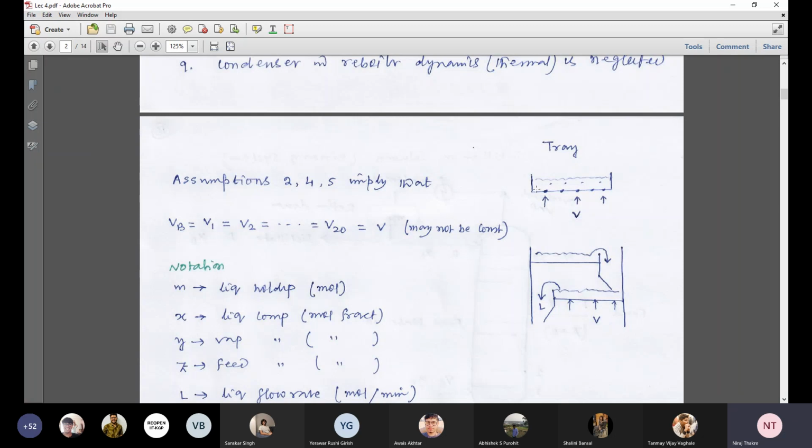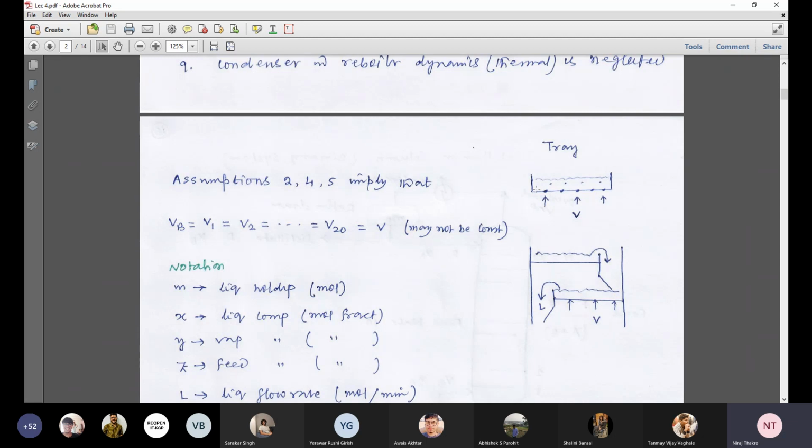Can you tell me which one is more volatile among A and B? A. Yes, correct. A is more volatile, and B is least volatile.